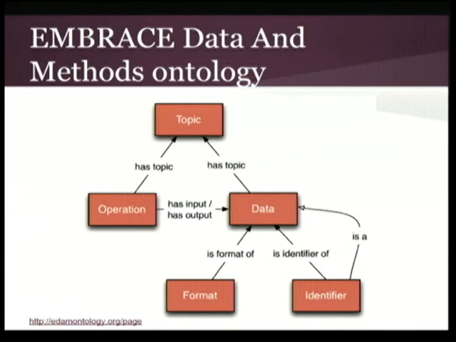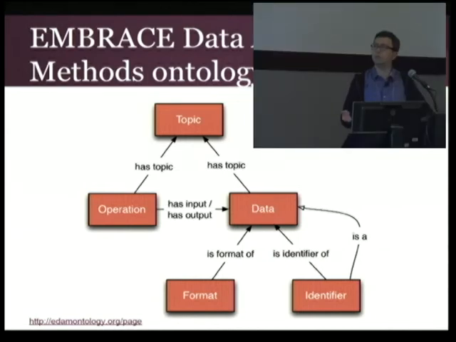The operation describes a specific function that has a set of inputs and outputs for a bioinformatics method. The data axis describes a type of data such as sequence or protein structure. The format describes the format that is used to store the information.